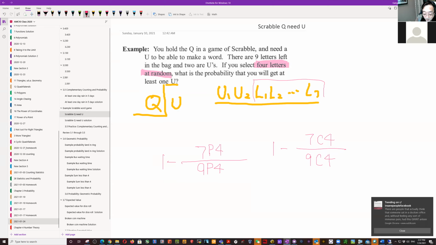So the result is going to be exactly the same, because 9 permute 4 equals 9 choose 4 multiplied by 4 factorial. So basically this is the same side multiplied by 4 factorial on both numerator and denominator. And that's the way you can do this problem.